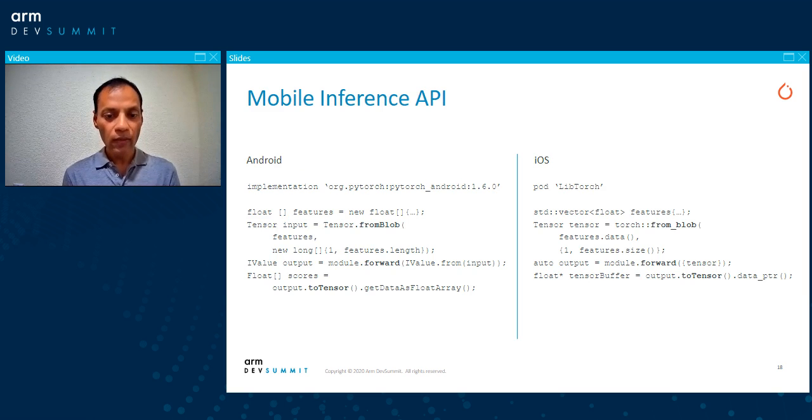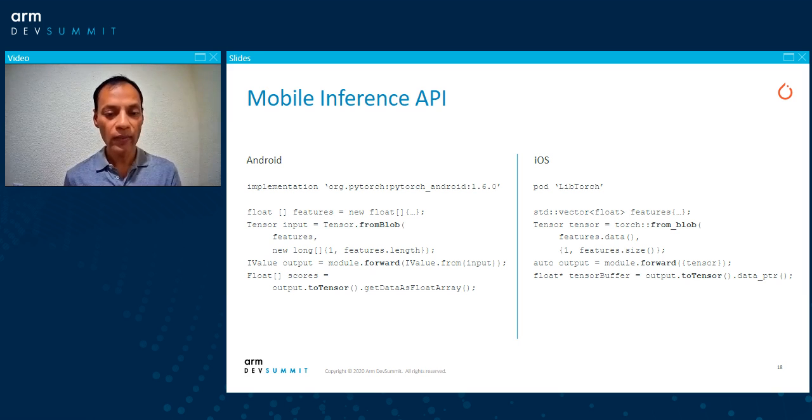Next, you load this model file on the mobile app, and for this, you really need only a few lines of code to get going. First, we need to add a dependency on PyTorch to bring the pre-built binaries for your mobile app. For Android, you can use a Java wrapper for libtorch, which allows you to continue to build your Android apps in Java and not worry about NDK.